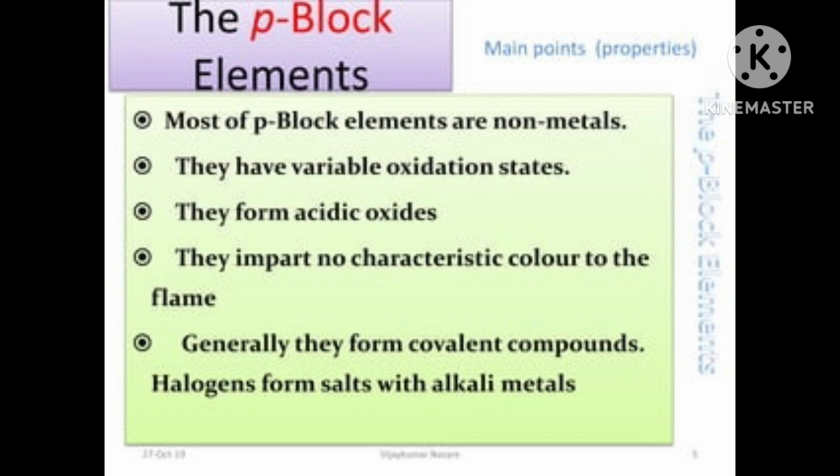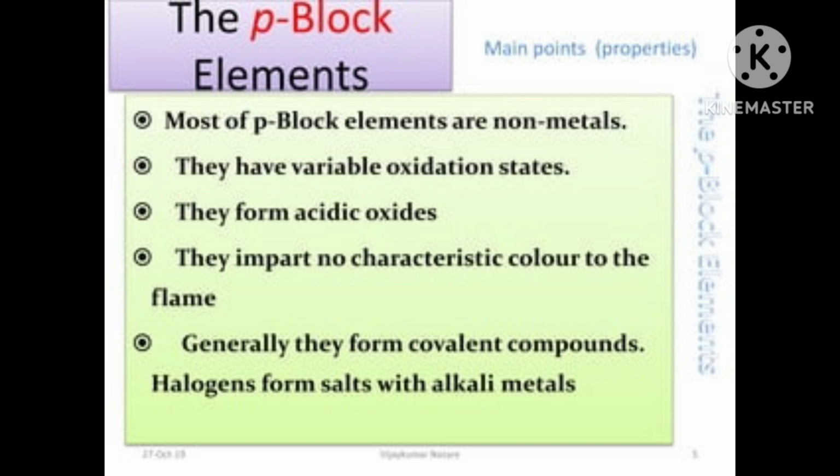The change of non-metallic to metallic character can be best illustrated by the nature of oxides they form. The non-metal oxides are acidic or neutral. This is again very important, and the question is asked.